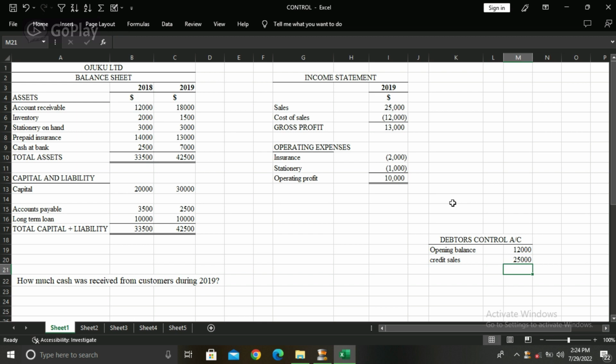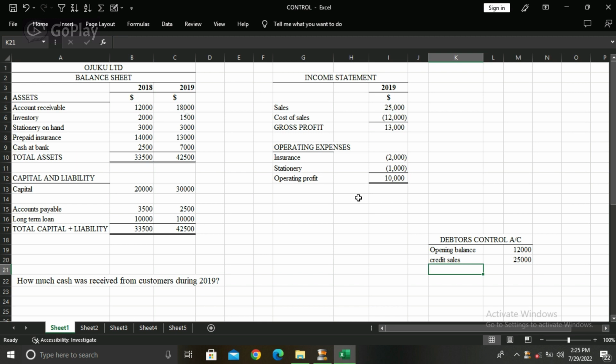The logic here is very simple. Our customers were owing us 12,000 in 2018. Then during 2019, we sold goods of 25,000 to them. So in all, they are supposed to pay us 37,000, which is the 12,000 plus 25,000. But at the end, we are saying that they are only owing us 18,000. So what is the remaining balance?